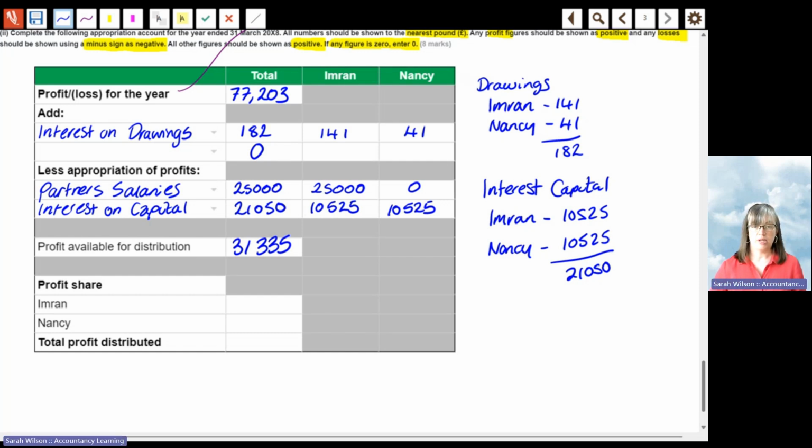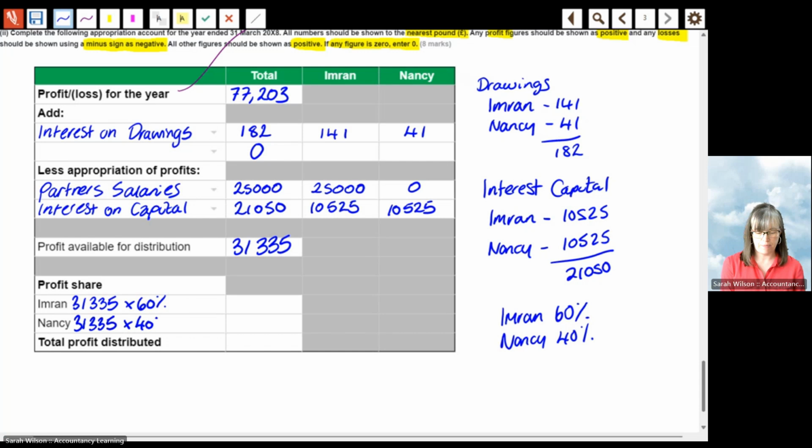Then the next thing we need to do is work out how much of the profit Imran and Nancy are going to get. So we were told it was a 60-40 split, Imran, Nancy. So for Imran, we're going to work out our profit for him and also the profit for Nancy.